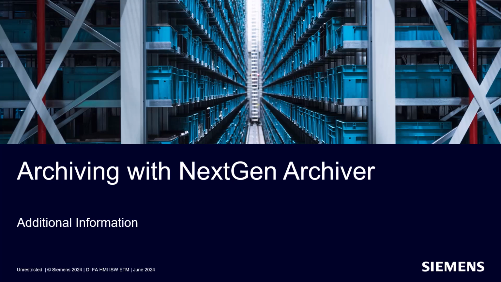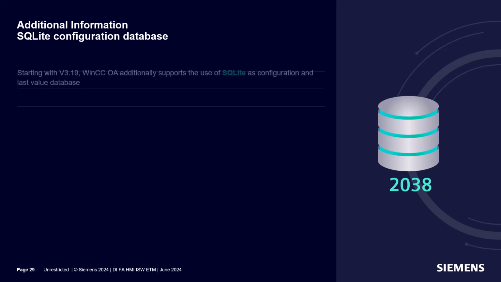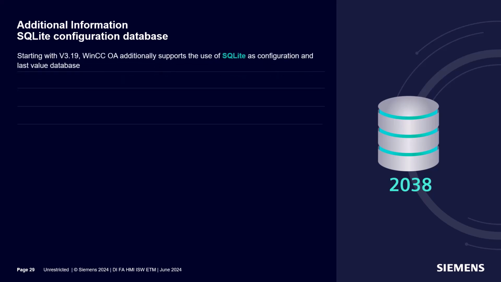Here is some additional information about the NextGen Archiver. SQLite Configuration Database. Starting with version 3.19, WinCC OA additionally supports the use of SQLite as a configuration and last value database. This new SQLite database offers zero voltage safety and year 2038 readiness, provides better performance and a smaller footprint.